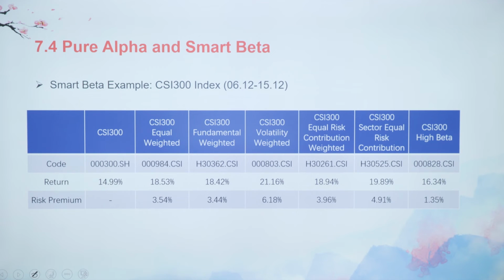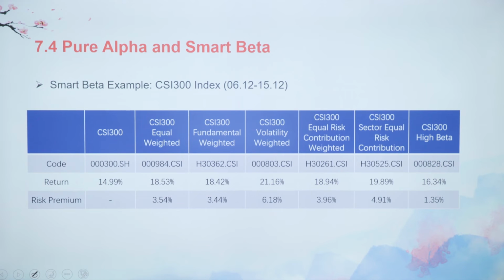And the third one is CSI 300 fundamental weighted, and then volatility weighted, equal-risk contribution weighted, sector equal-risk contribution, and the last one is high beta, which is constructed by the highest beta stocks in this CSI 300 index.